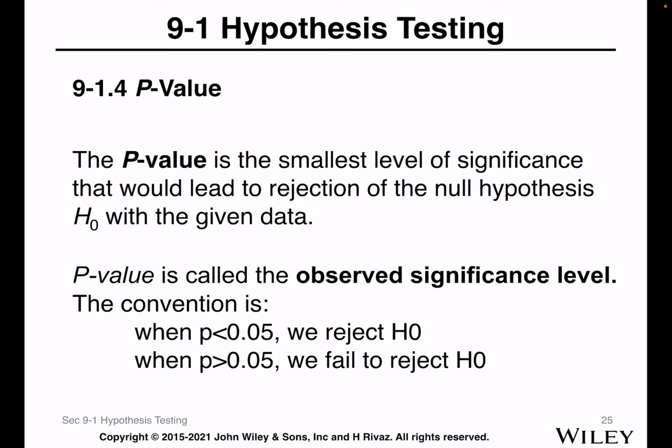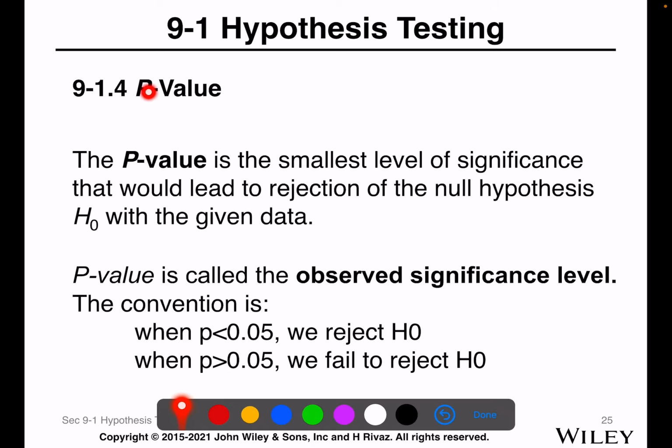A lot of people use p-value. P-value is the phrase that's most commonly used, not alpha. But anyways, p-value is exactly the same thing as alpha, and it's very commonly used. Everybody wants the p-value when you do a test. And as I said, it is the same thing as alpha, the probability of type 1 error.